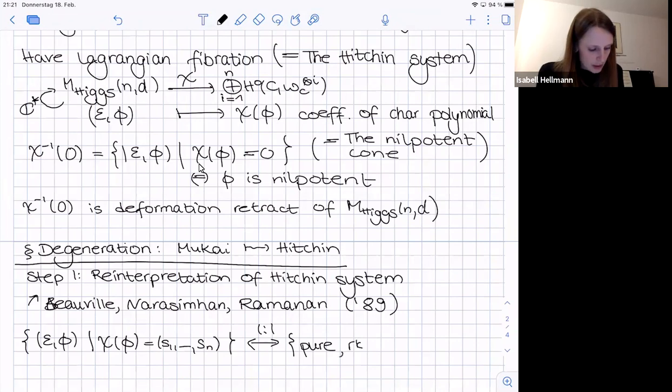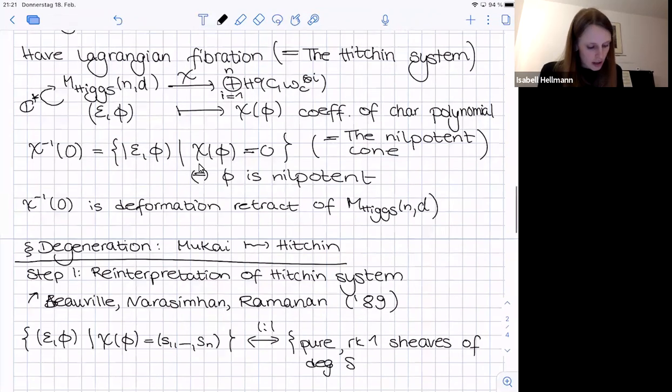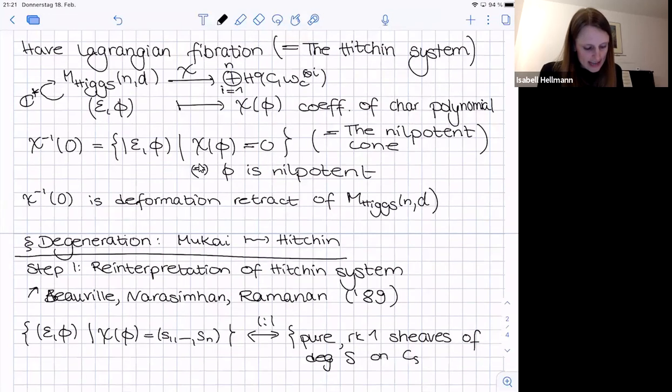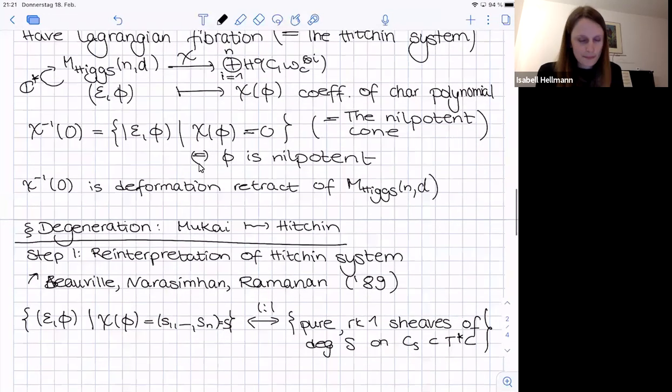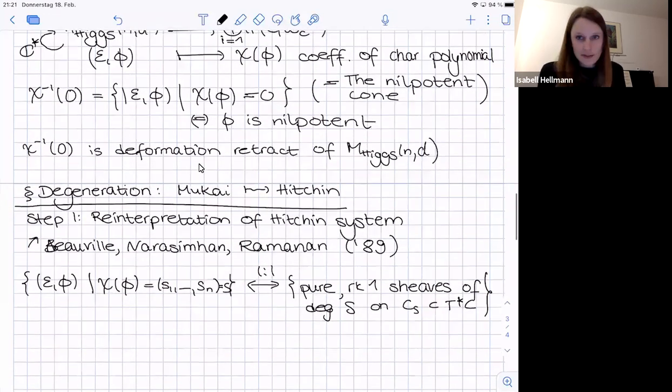So pure rank 1 sheaves of fixed degree, I call it delta again, on a curve C_S, which sits inside the cotangent bundle of C. Okay, so this is a curve which is defined by this tuple S as follows.